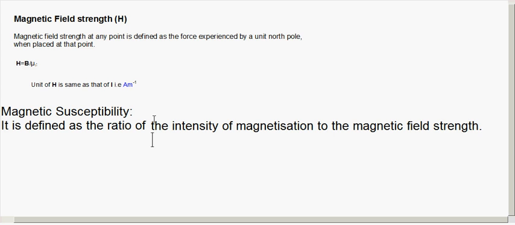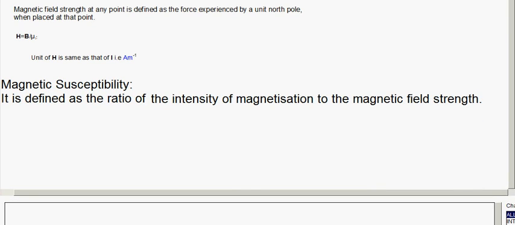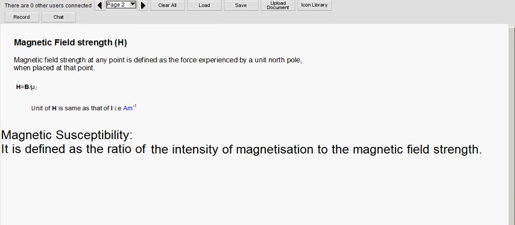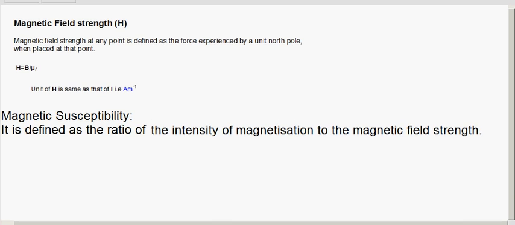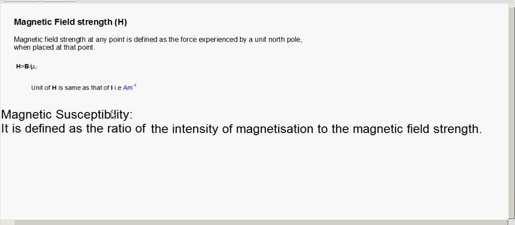Okay, so we can write mathematically magnetic susceptibility, Xm, is equal to I by H. The magnetic susceptibility is defined as the ratio of the intensity of magnetization to the magnetic field strength.